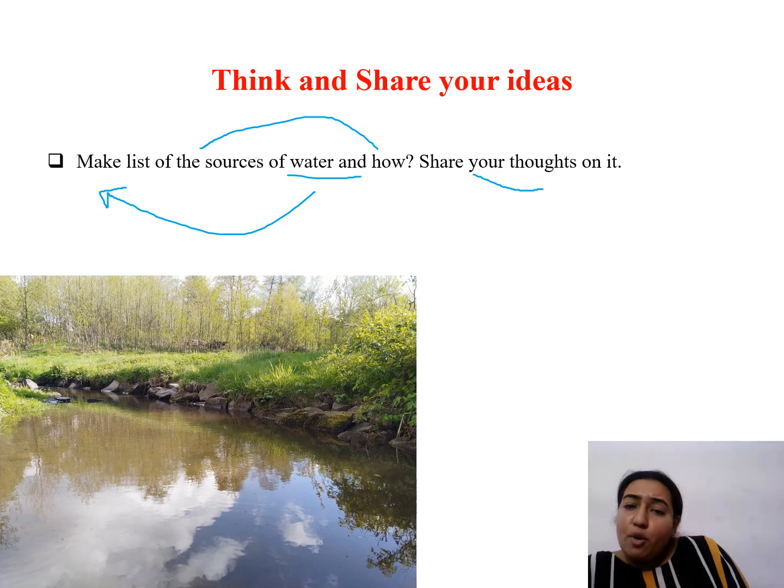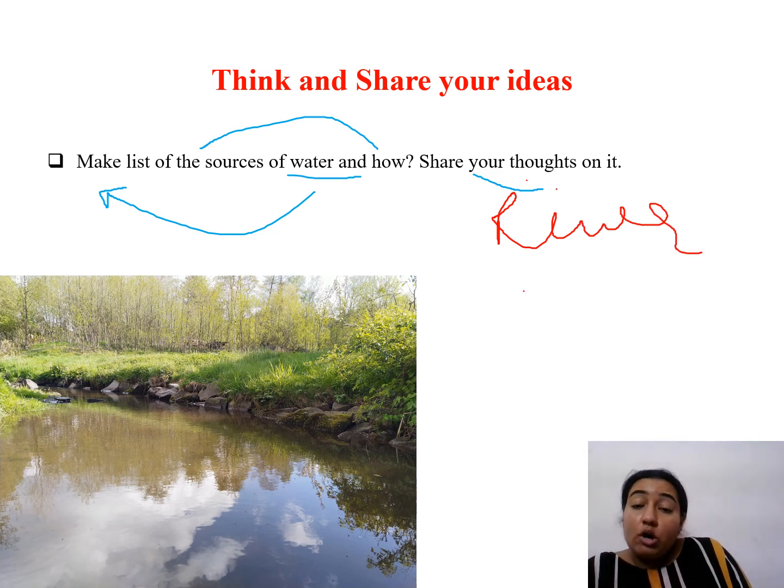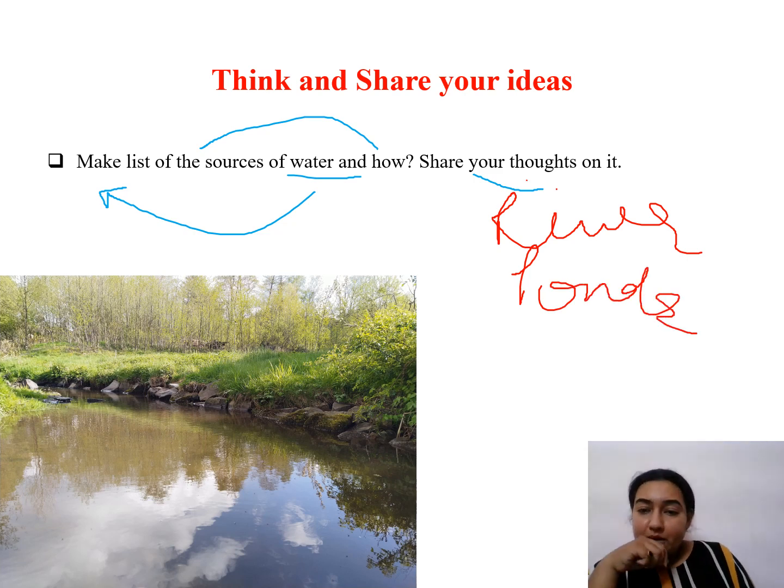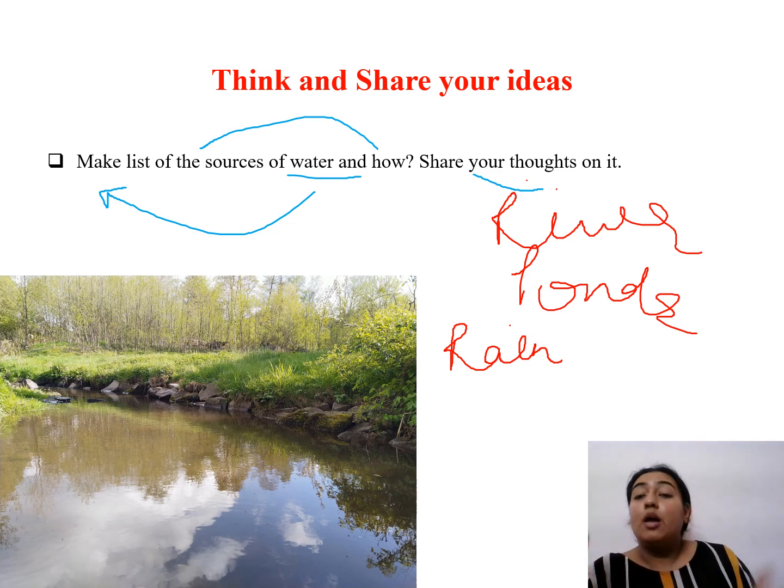I think from my point of view, can we say river is a source of water? One source. What about ponds? Yes. Think sources of water. And where else do we get water? Okay. How does water collect in the rivers and ponds? Due to rain. So rain is yet another source of water. Fourthly, how do rivers form?